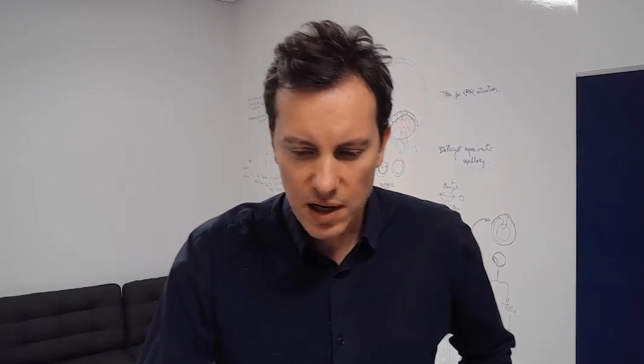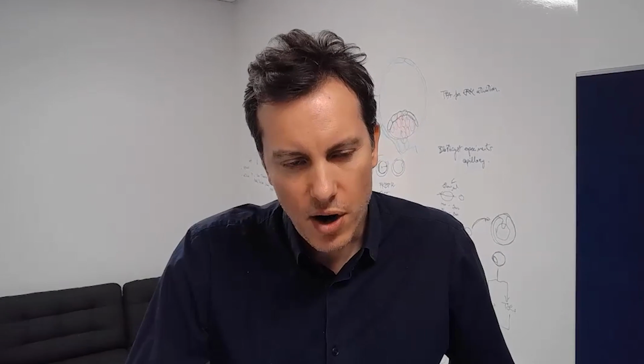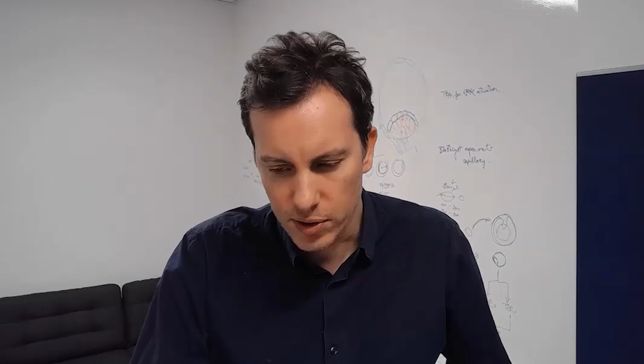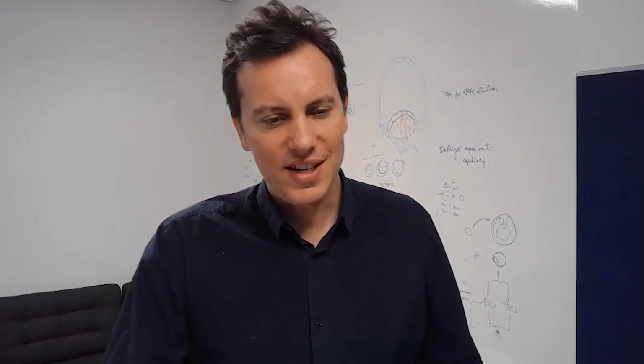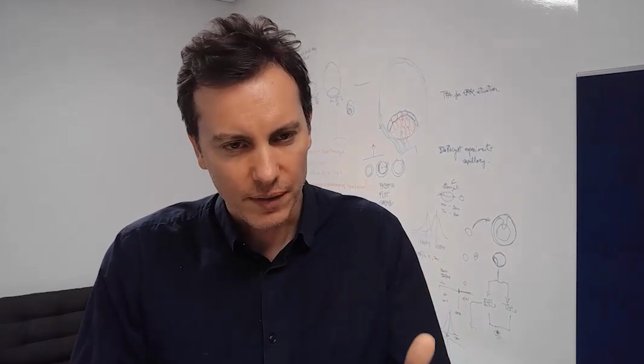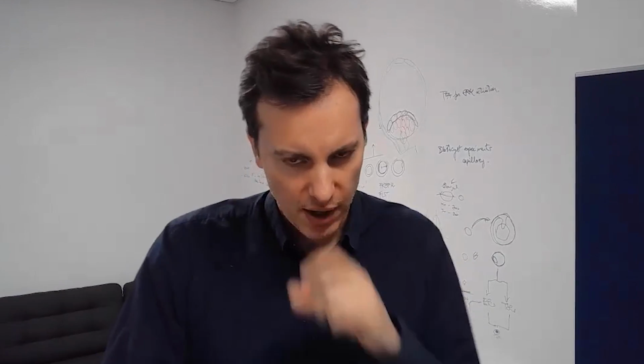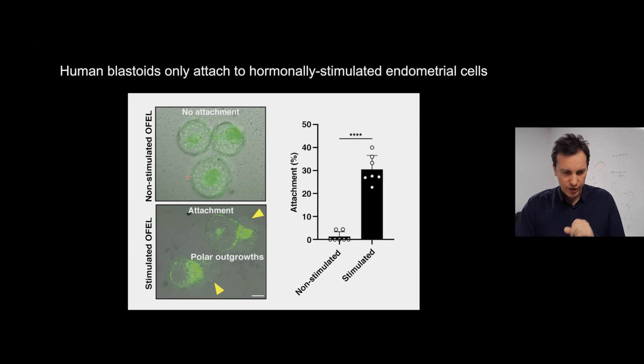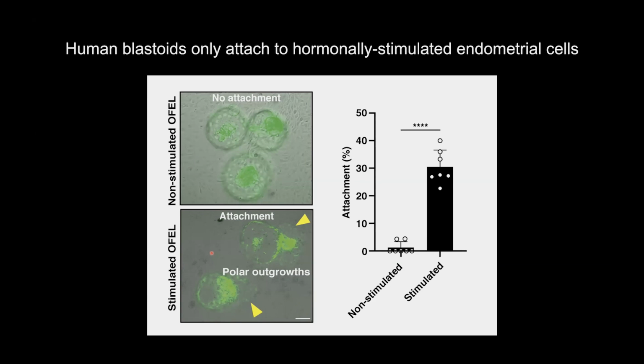And those hormones are triggering the receptivity of those endometrial cells. And very interestingly, when the endometrial cells are not stimulated with hormones, the blastoids can literally sit on top of them for days without attaching. There is no interaction that occurs between those cell types. On the contrary, upon hormonal stimulation, before we deposit the blastoids, this is priming the endometrial cells, which allows them to attach the blastoids.